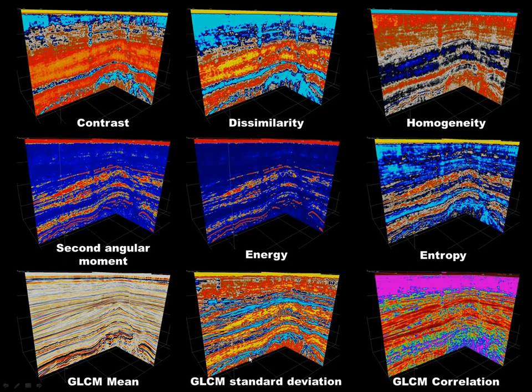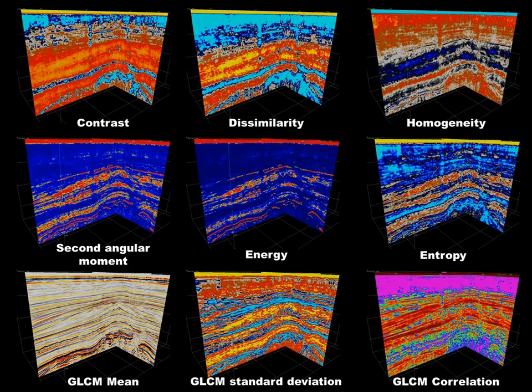At the same time, this event can be seen on every attribute, but is more sharply defined using the standard deviation than, for example, the dissimilarity. So that shows that when you're doing your analysis, you have to choose your attributes carefully, because one feature will be more enhanced using one attribute or another.